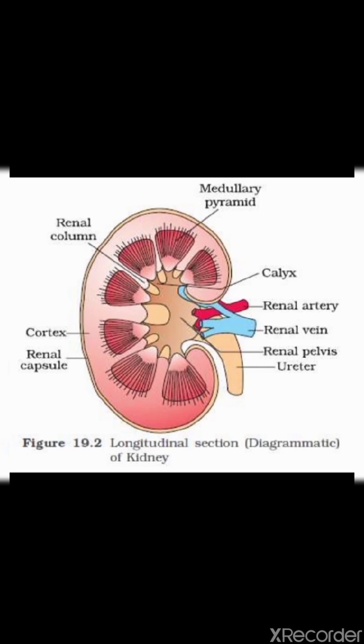Each kidney consists of a large number of filtering units called nephrons. A kidney may have more than 1.2 million nephrons. Each nephron is about 3 cm long, and it originates in the cortex region and extends into the medulla region.